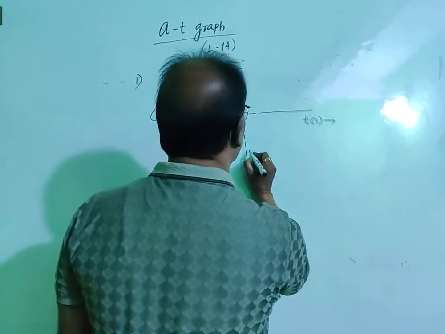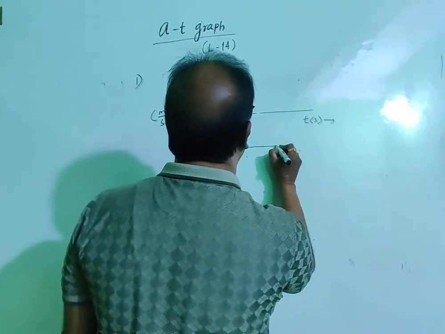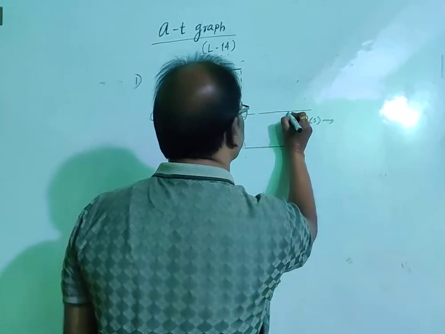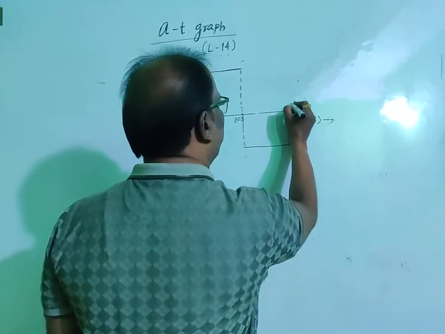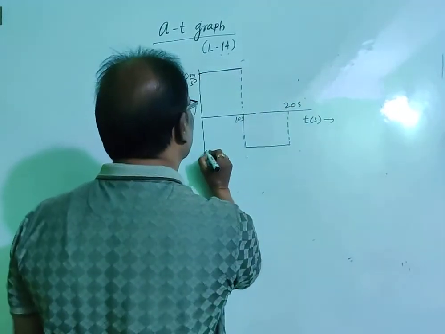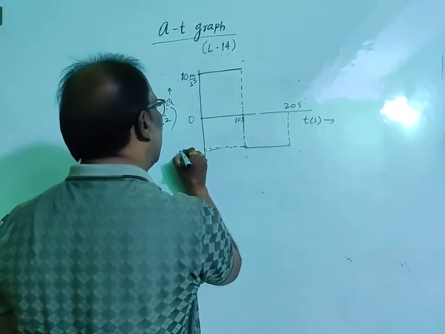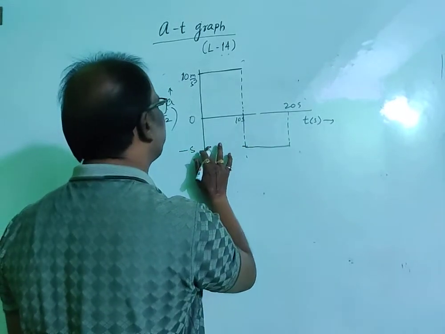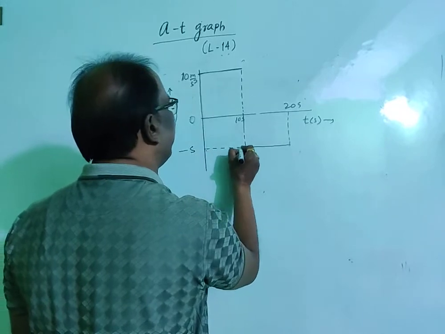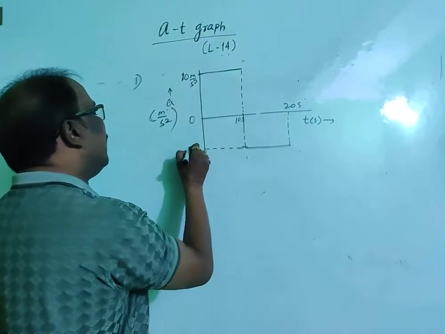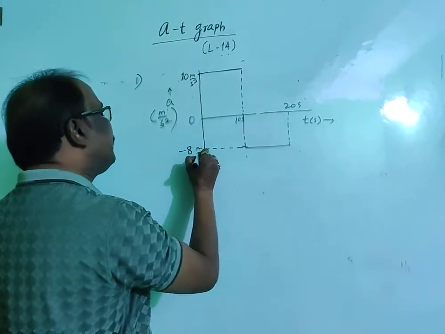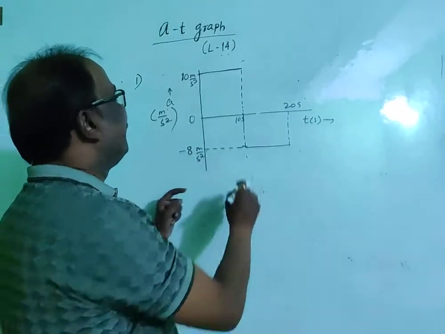Again acceleration is constant up to time 20 second. Let this value of acceleration be minus 8 meter per second square.